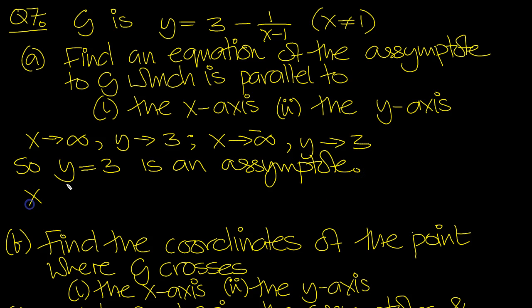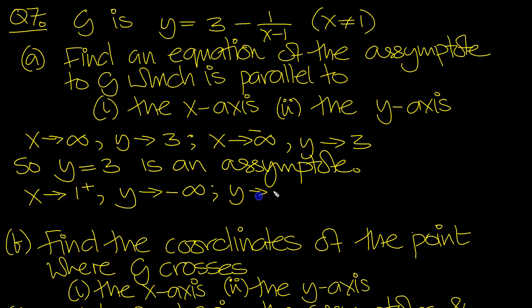Now y is going to shoot up to infinity either side of 1, isn't it? If x tends to 1 from above, then x minus 1 will be small positive, so 1 over it will be a large positive number, and then with the negative, large negative. So y will tend to minus infinity.